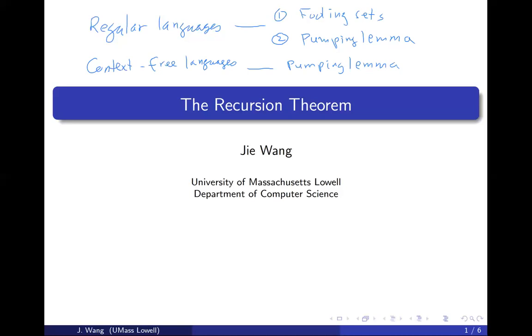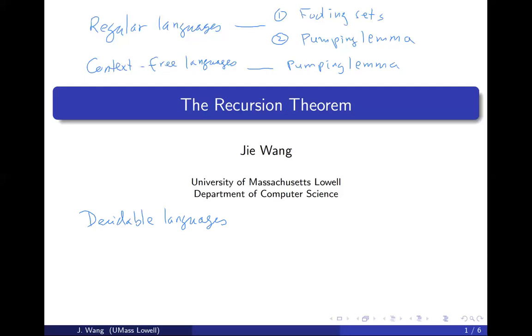And then we look at decidable languages.